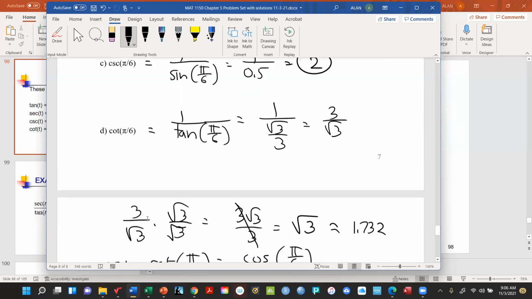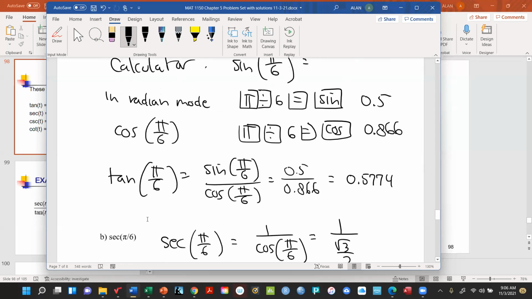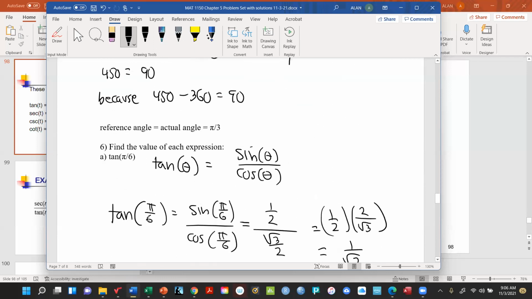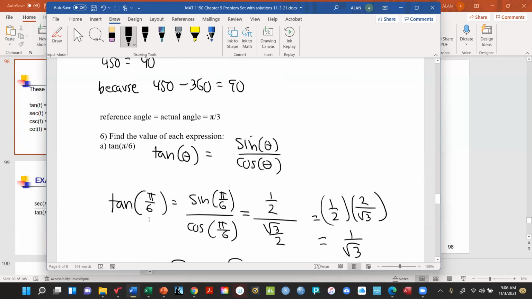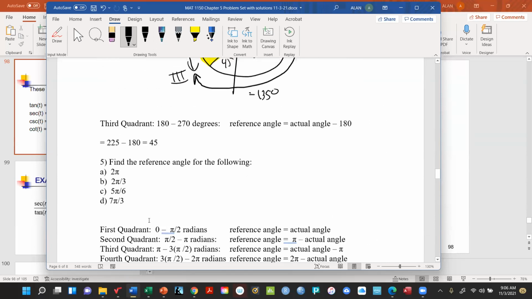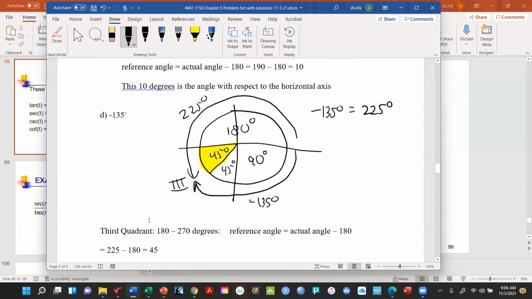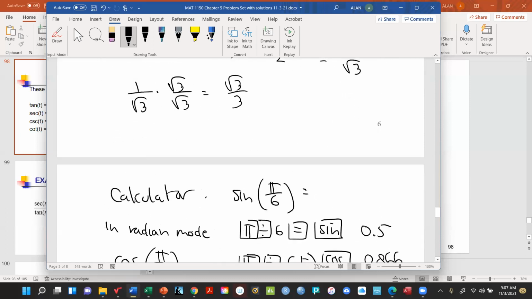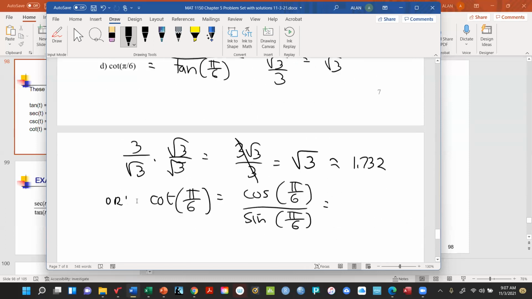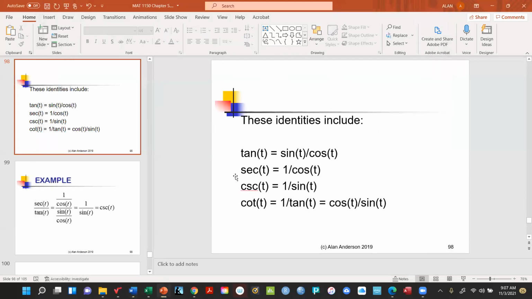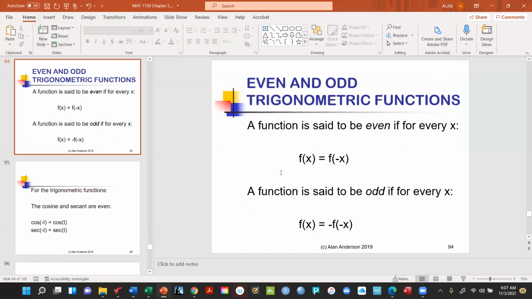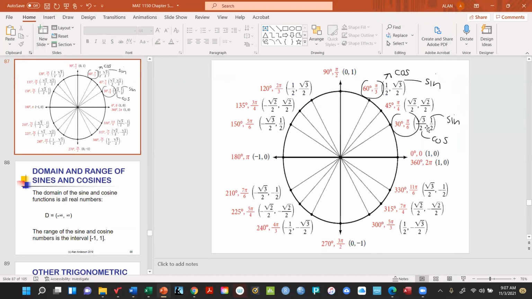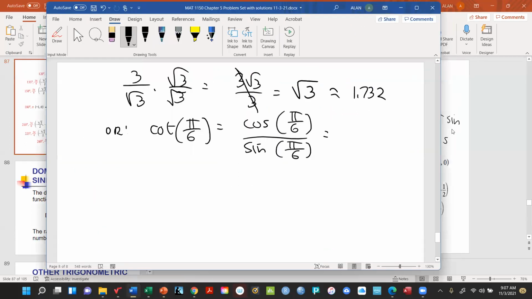And so remember, the cosine of pi over 6 turned out to be, where is it? All right, I know it's here somewhere. Let's look at the unit circle. The cosine of pi over 6 is radical 3 over 2.